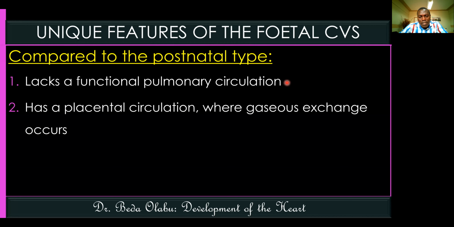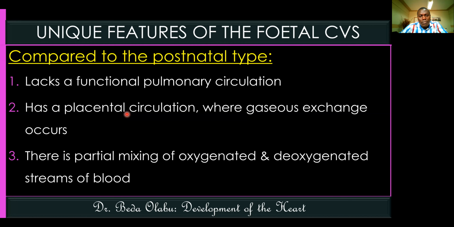And tailored to that, we know that the fetal cardiovascular system has a placental circulation. This is where gas exchange takes place. You and I don't have a placental circulation, even if you wish. And the third one is also very important. There'll be oxygenated streams of blood and deoxygenated streams of blood.